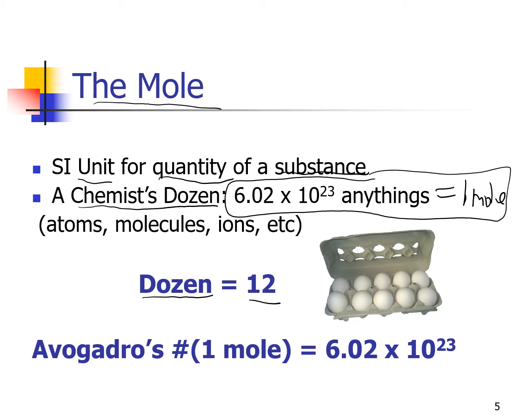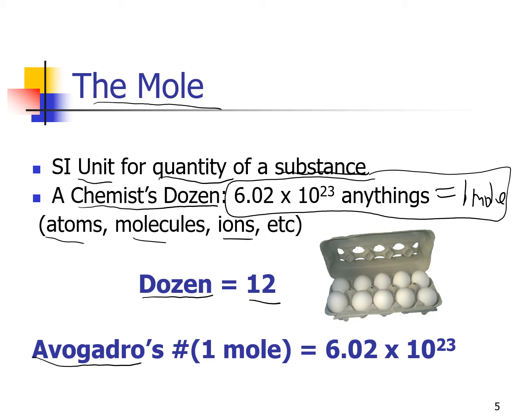Just like a dozen means we have 12 eggs, or a dozen can be a dozen donuts, so we have 12 donuts. A mole is 6.02 times 10 to the 23rd. And this is a large number, and we use this in chemistry as a quantity to talk about atoms, molecules, ions, etc. Amedeo Avogadro was an Italian physicist.